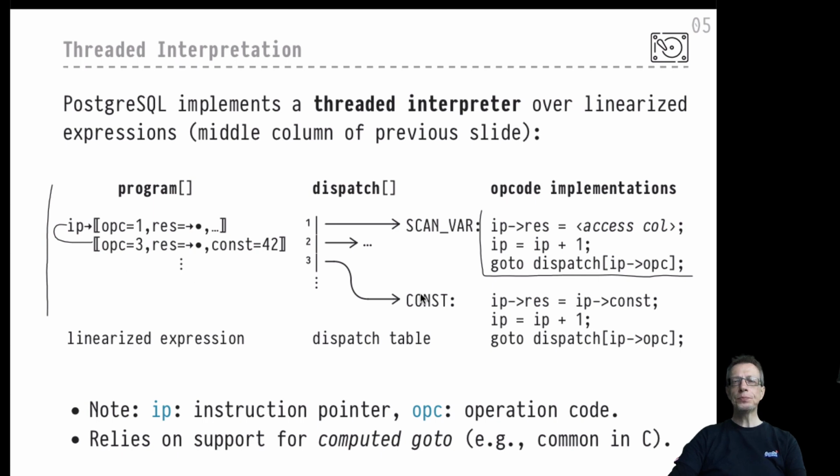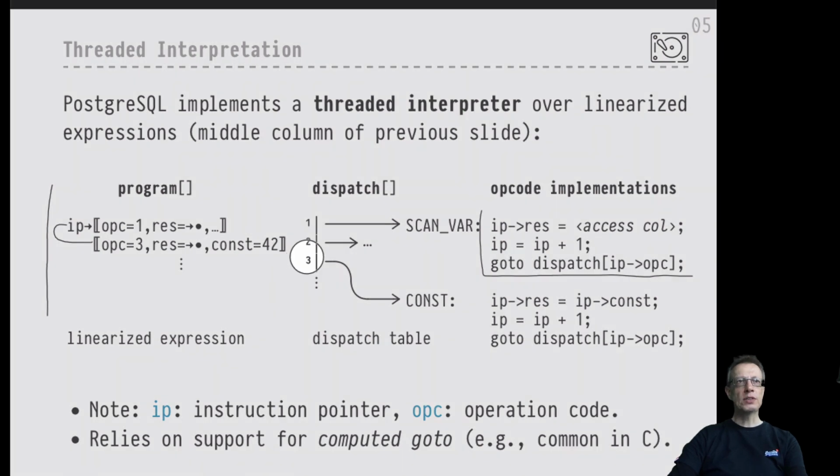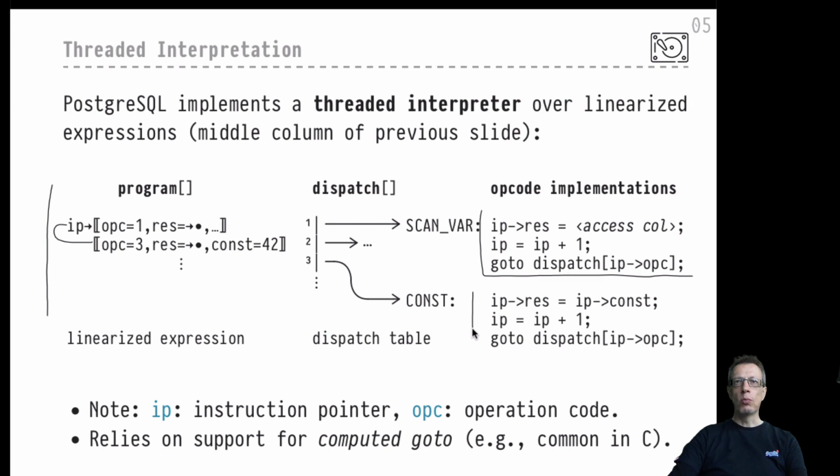And the increment would lead the IP pointer to point to the next instruction here. All right. So where should that lead us? Well, we would just read the opcode of this new instruction. The opcode of that new instruction is 3. We would perform a lookup in the dispatch table regarding the offset 3. And this is exactly here. All right. And 3 would point us to this particular routine, to the const routine. Okay. So this would now be the routine to evaluate.